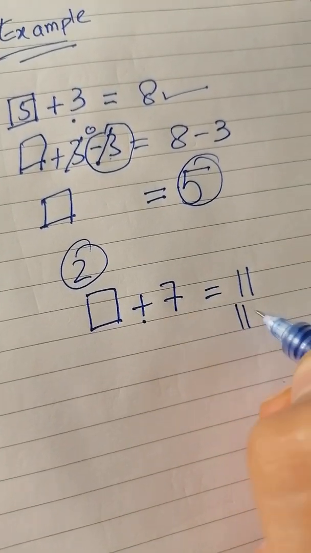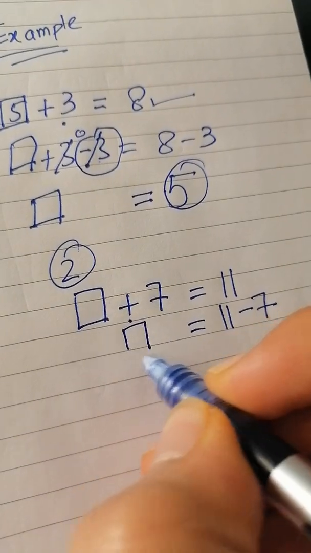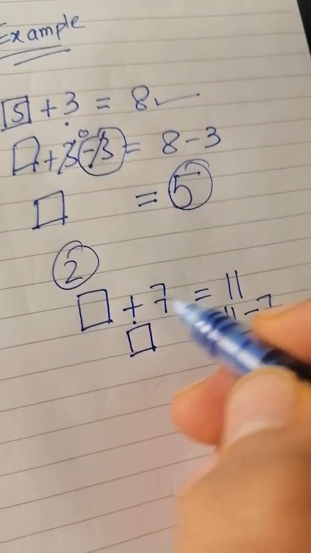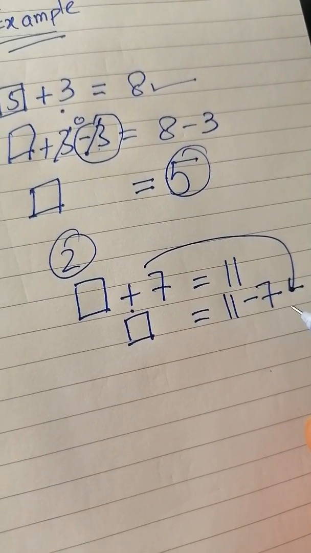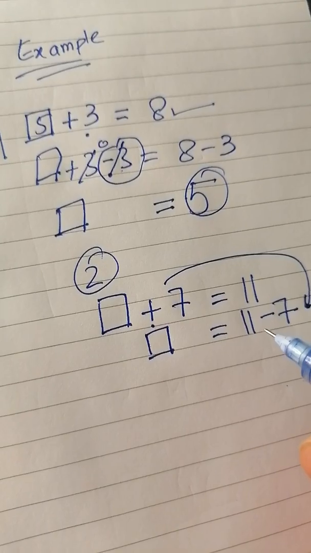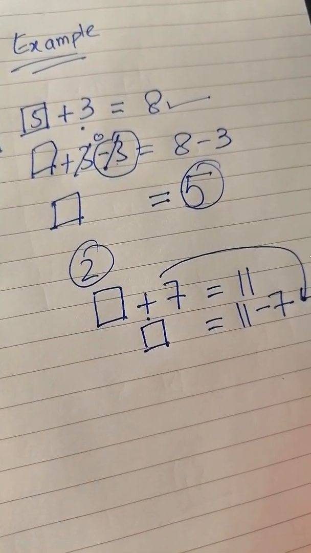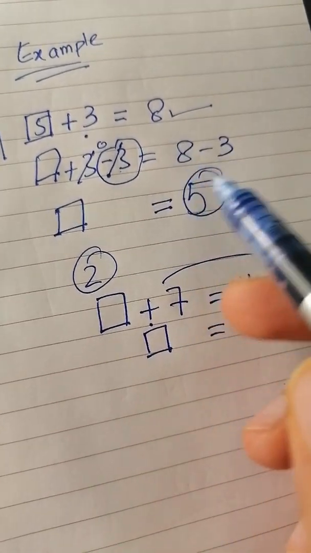Now do it here. 11 minus 7 is what? And here we have just this square, because this plus 7 is no longer here. You just pushed it to the right side of the equation and it became minus. This is the rule. When it jumps to the other side of the equation, it becomes minus. And I explained in the previous example why it became minus.